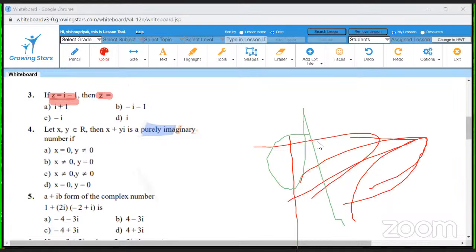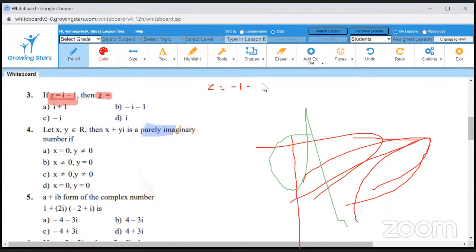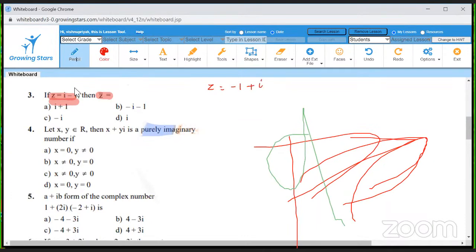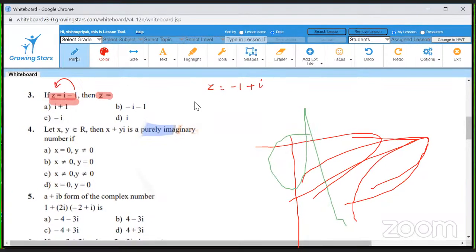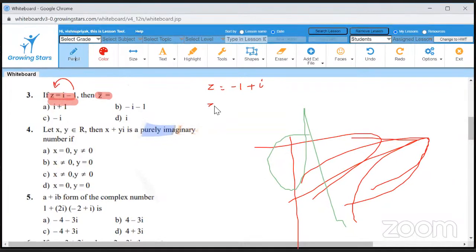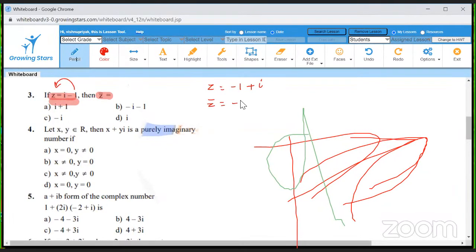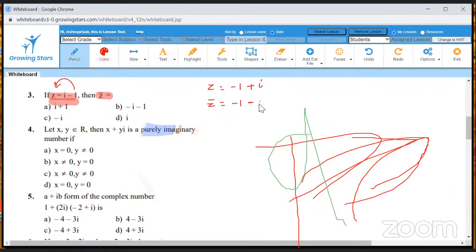Many are saying D, B, C. Jack said D, but Jack, don't write on the board. Okay, let us see what the correct answer is. Actually, Z, if you write properly, it is minus 1 plus i. Write minus 1 in the front. So Z bar will be minus 1, plus will change to minus i.